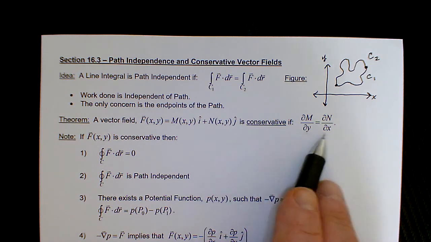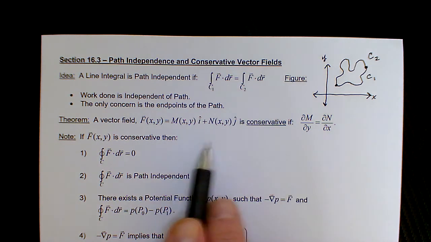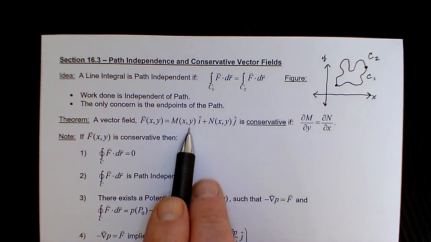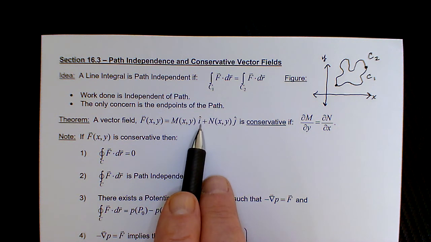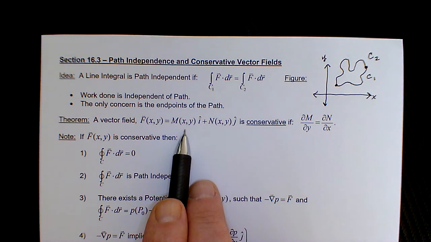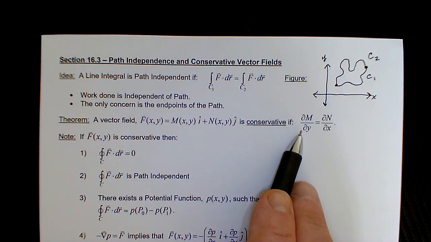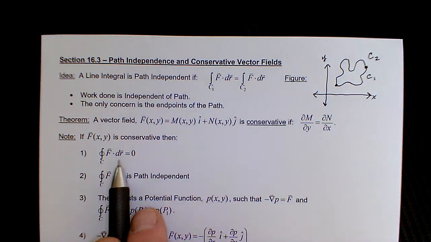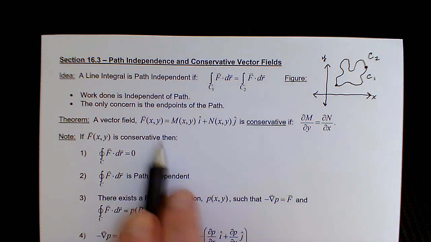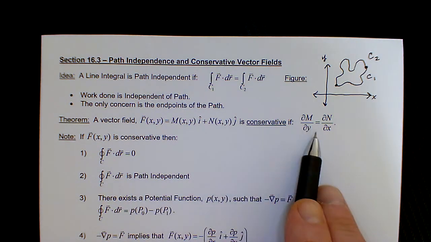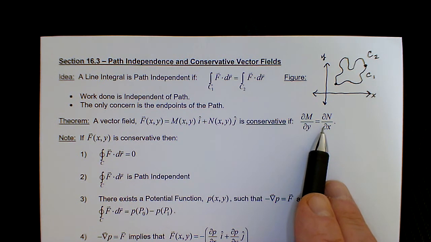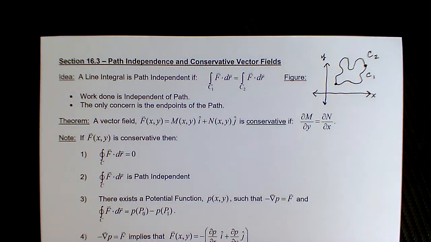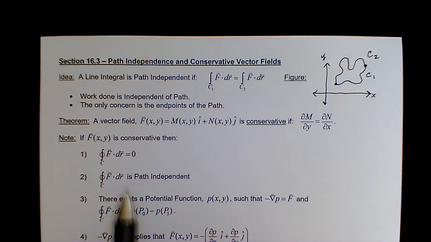That's obviously a formula you write down on your cheat sheet, but it's kind of easy to remember. Just think of opposites, like i is x, so the opposite is y, and there's the partial with respect to y, and so on. So if the vector field is conservative, so it satisfies this condition about the partials, then these things are true.